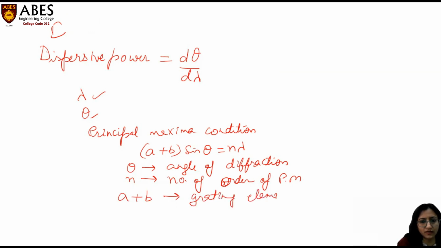Of these two elements, a and b, one is the opacity width and the other is the slit width.